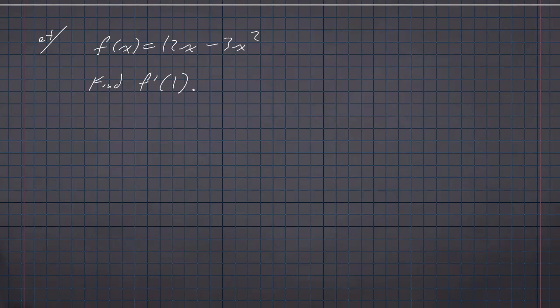All right. So I would like you to take a look at the function f of x equals 12x minus 3x squared and evaluate f prime of 1. Notice here that this is the same problem that I asked you to look at in the previous video. In the previous video, I gave you the equation y equals 12x minus 3x squared, and I asked you to find the tangent line at x equals 1.